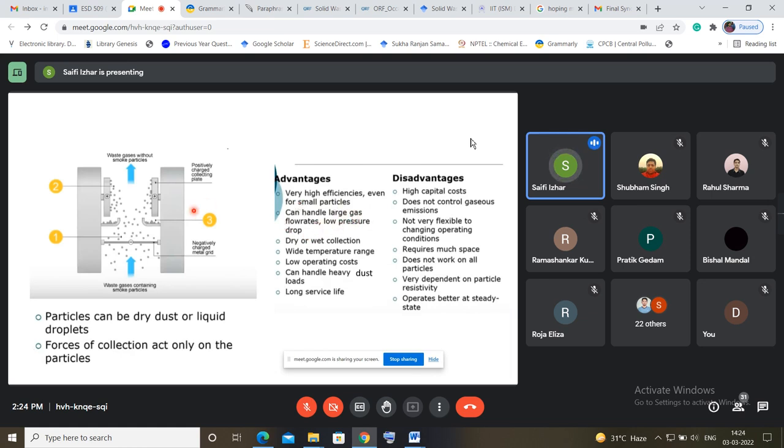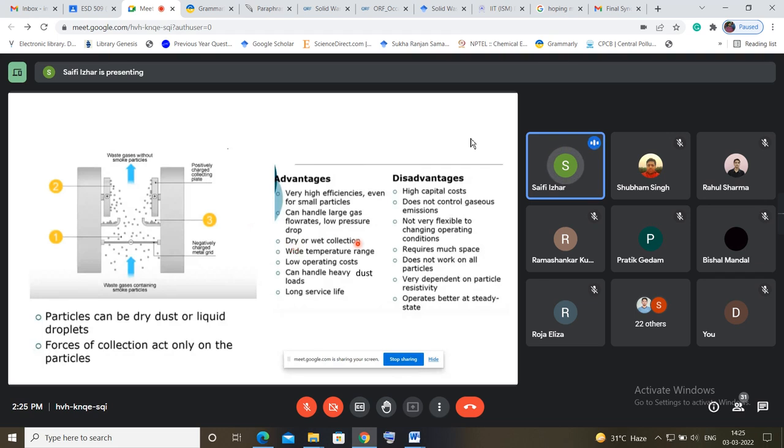Since we don't have centrifugal force here, the advantage is that with large gas flow rate you can increase the velocity and there is a low pressure drop, because centrifugal separation is based on a concept of centrifugal force, where there is a dependence on velocity.